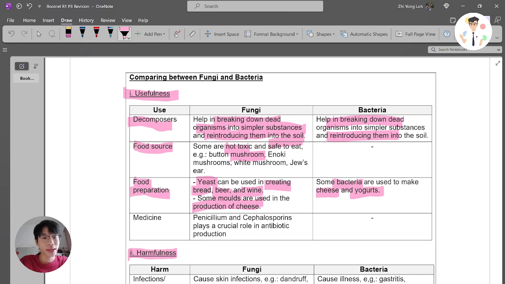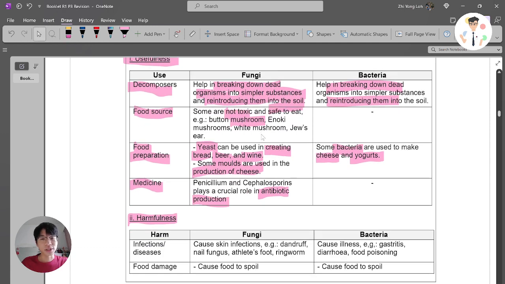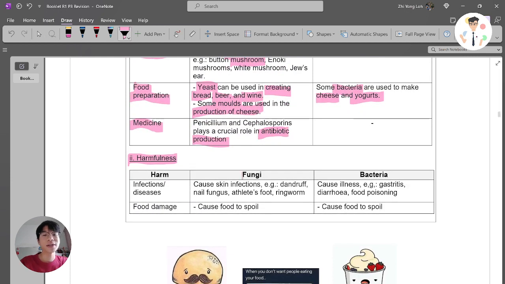And a good thing about fungi is that it can be a medicine. It can be part of the production of antibiotics. Now, harmfulness. Unfortunately, fungi and bacteria both cause harmful things to humans, or basically living beings.